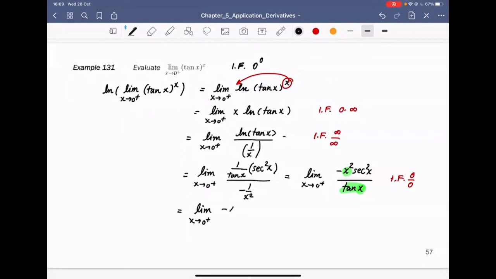So I'm going to swap tan to sine over cosine, and then secant is 1 over cosine, right? That looks better to me because I can cancel cosine now. Negative x squared over sine x cosine x.